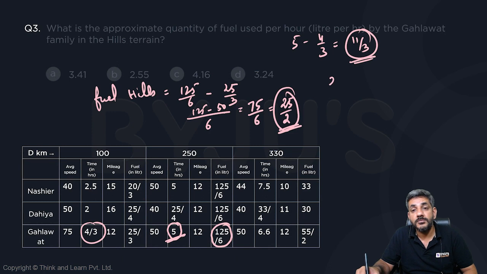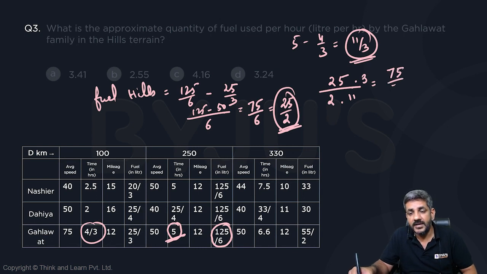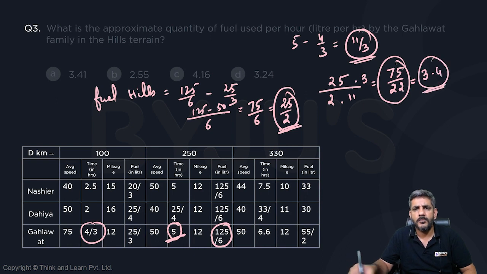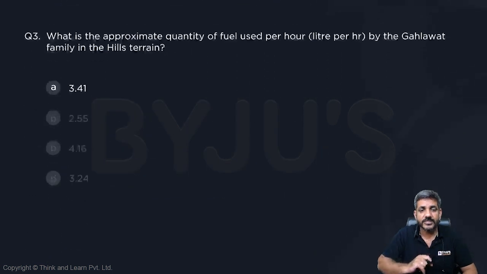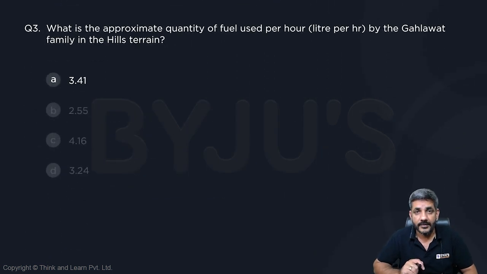So fuel consumed per hour is 25 by 2 divided by 11 by 3. This gives me 75 by 22. 22 3s are 66, and after that I have 9 more left, which is very close to 4 times of 22. So my answer is very close to 3.41. So the correct answer for this question is 3.41.